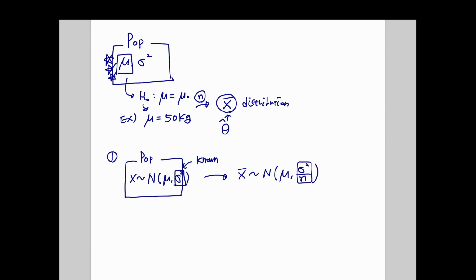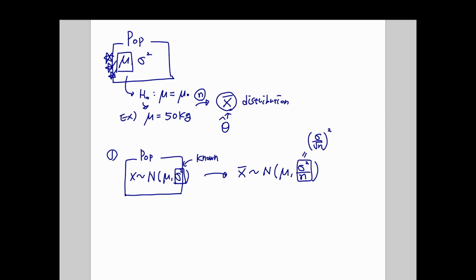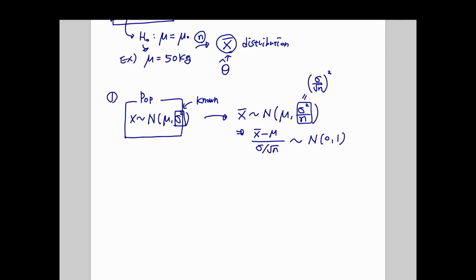This is the standard error squared. In standard form, x bar minus mu over the standard error, that is sigma divided by the square root of n, follows the standard normal distribution.